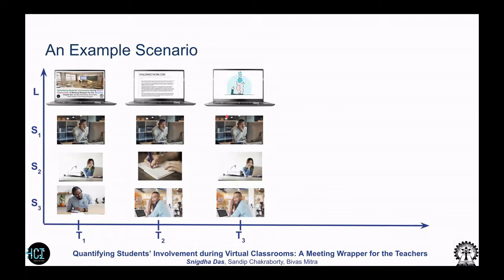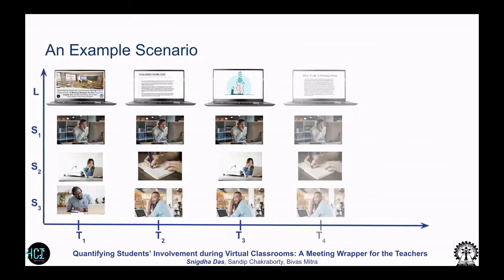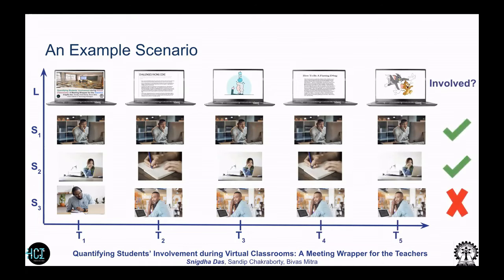So in presence of the motion frame, we found the second student is looking at the screen, whereas the third student is completely out of the screen. In this example, except for the last one, the other two are involved in the class.